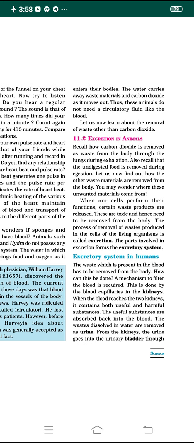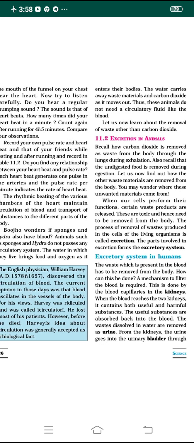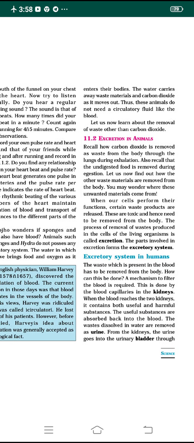The water also carries away waste materials and carbon dioxide as it moves out, and brings in oxygen. Thus these animals need not have any circulatory system or circulatory fluid like blood. This is about circulation in sponges and hydra, which live in water.